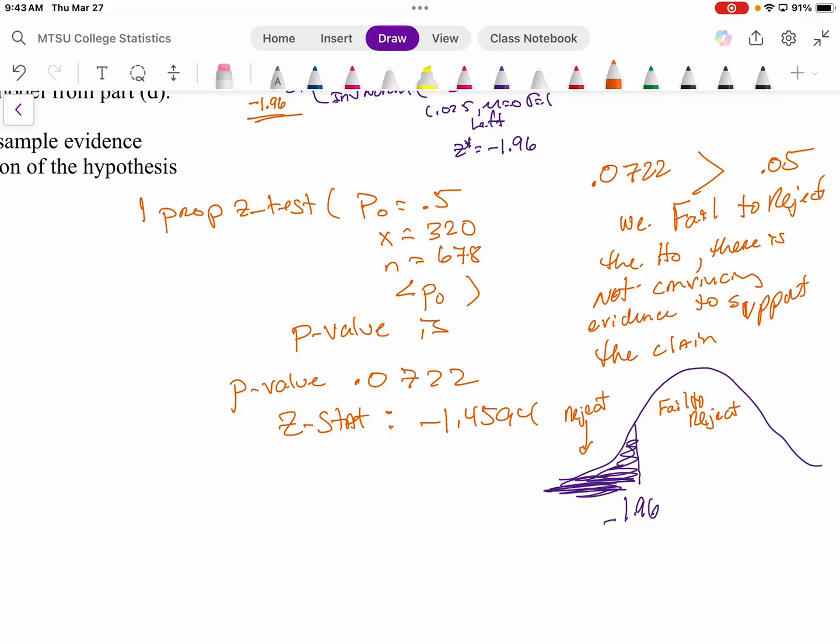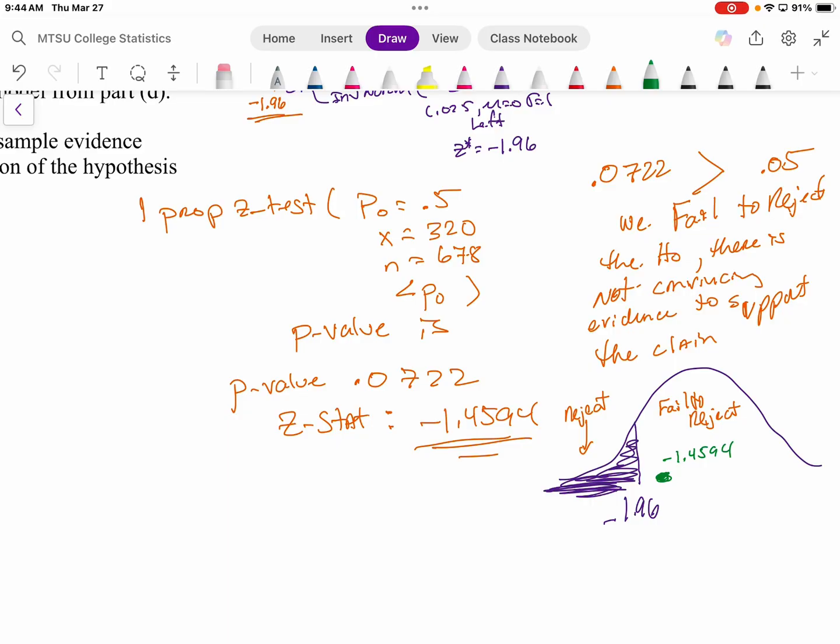And so when we look at our Z statistic of a negative 1.45, technically a negative 1.45 is right here. It is in this zone right there. It is bigger than negative 1.96 in the sense that it's a smaller negative. So it's technically in the fail to reject zone.